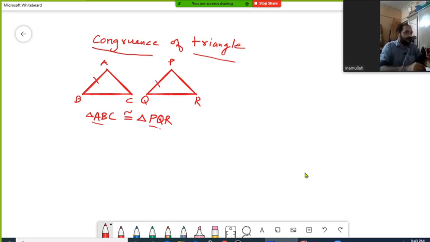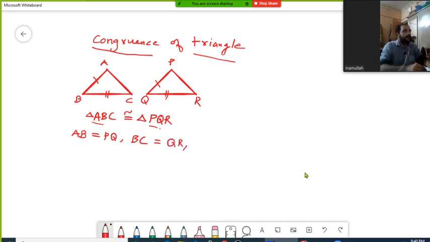So here you can say AB is equal to PQ. Besides, BC, another corresponding side, will be equal to QR.